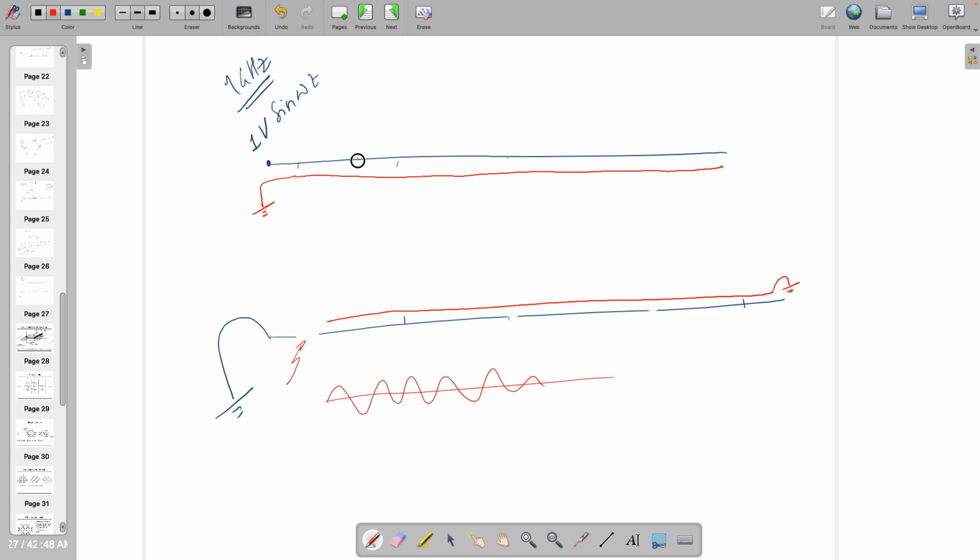Whatever is going here, let it go here and get grounded. There is no problem, right? The signal is going to get grounded over here. It's not going to disturb the other line.